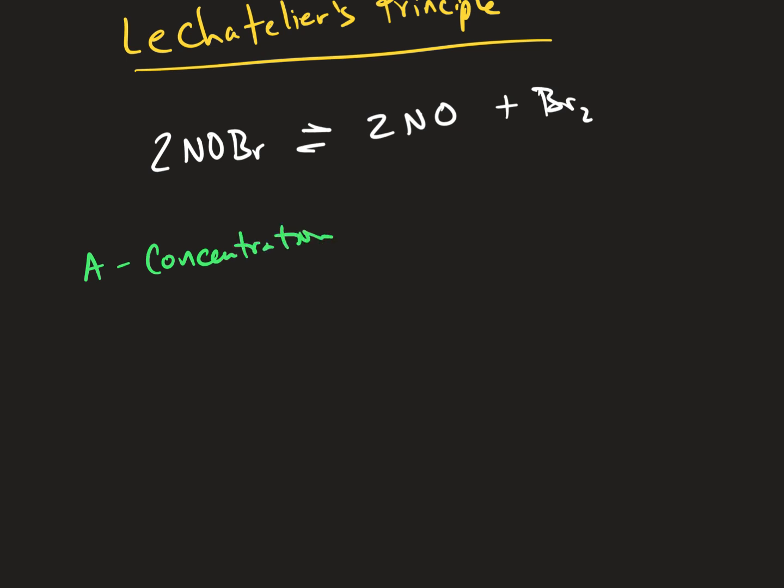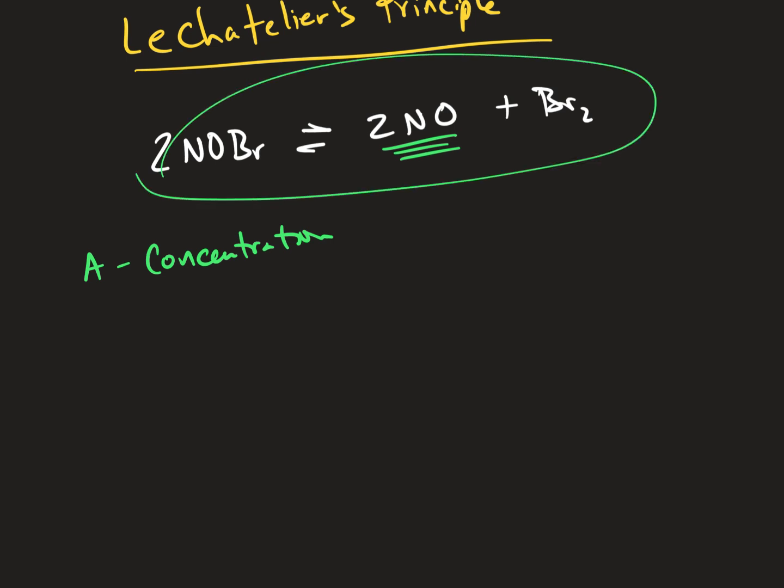If we increase the concentration of, let's say, one substance, if I put more of NO, so this is like one big pot, right? You guys understand that? You don't have a pot over here and a pot over here. It's all together. This reaction is happening in one container, okay?